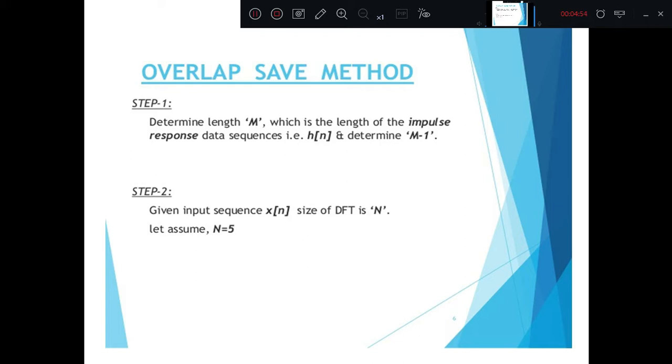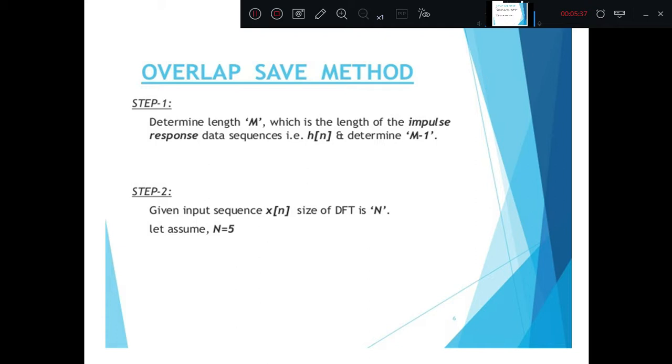You will have a long data sequence x of n with more samples, and a finite length impulse response h of n. Write down x of n and h of n, and determine the length of h of n, which is denoted by capital M. Capital M is nothing but the length of the impulse response, which is the number of samples present in h of n. Next, you note down the given input sequence x of n.